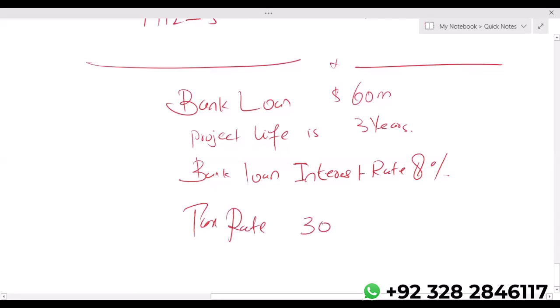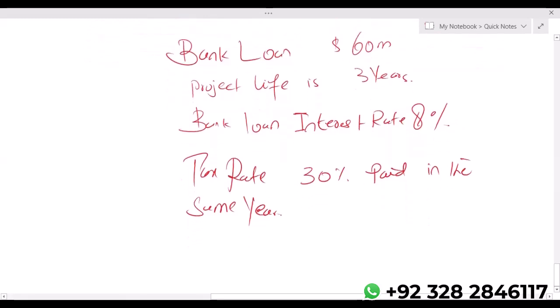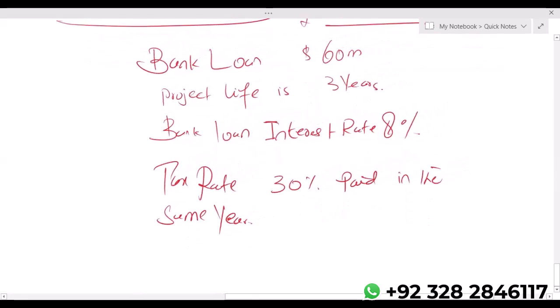Tax rate is 30%. Tax is paid in the same year. Bank loan is 60 million, project life is 3 years, bank loan interest rate is 8%, tax rate is 30%, which is paid in the same year.